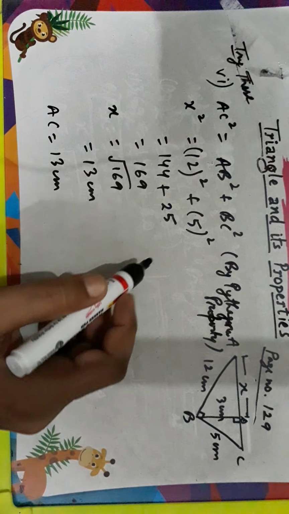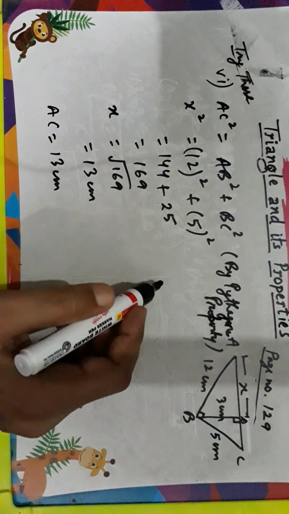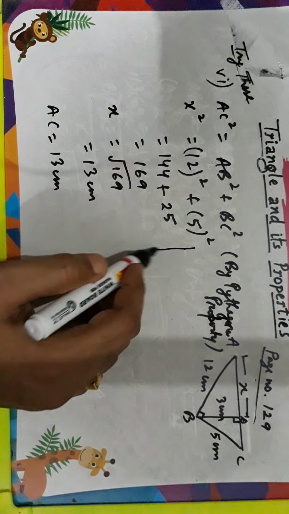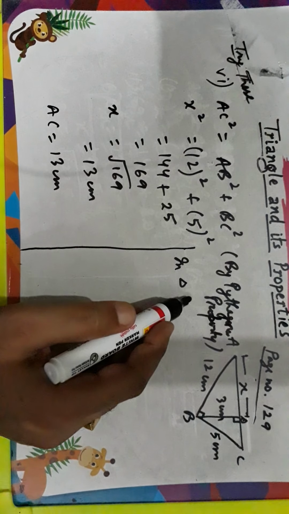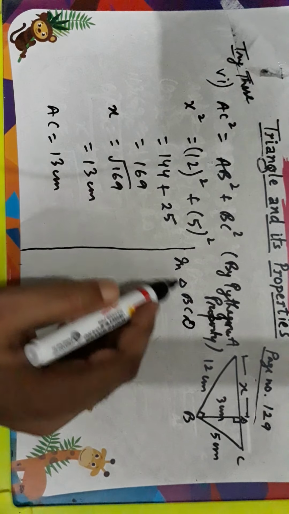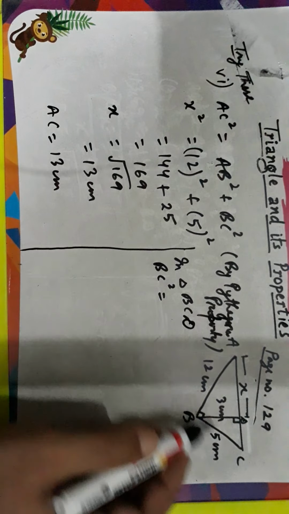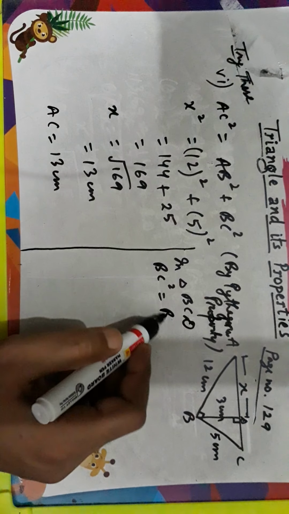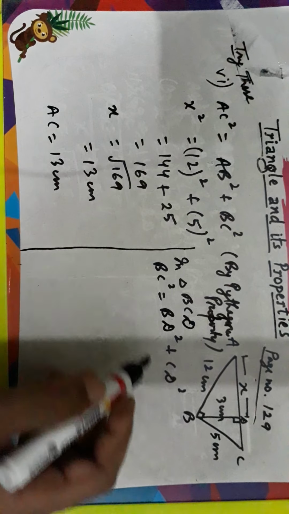Now if we are doing this, we observe that in triangle BCD, BC square equals BD square plus CD square.